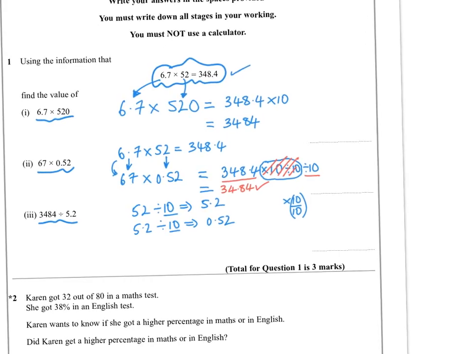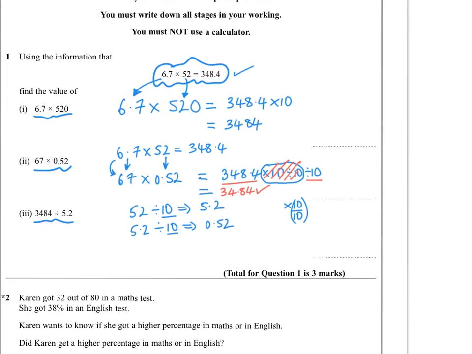I'll put this over here. So with the last one we have 3,484 divided by 5.2. So let's give ourselves a little bit more room.